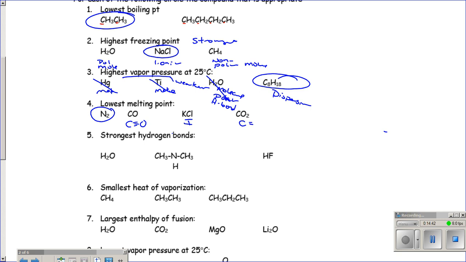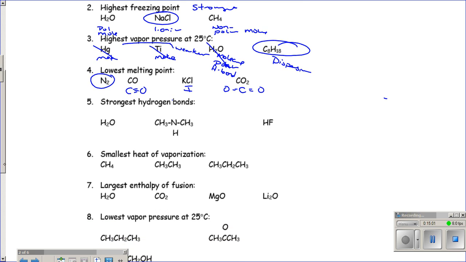Carbon dioxide is a nonpolar molecule, but it's a larger molecule. So it's got more electrons, so it's going to have a greater London dispersion attraction, and therefore a lower melting point.